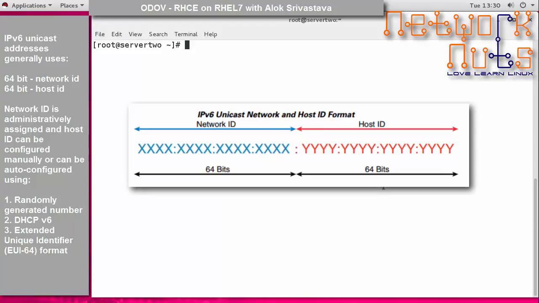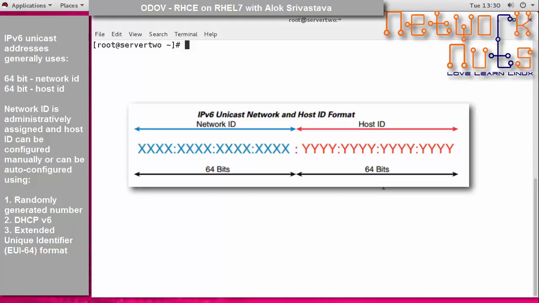As you can see on the screen, we'll be focusing on the unicast address only. The first 64 bits are for the network ID and the next 64 bits are for the host ID. The network ID is administratively assigned and the host IDs can be configured manually.